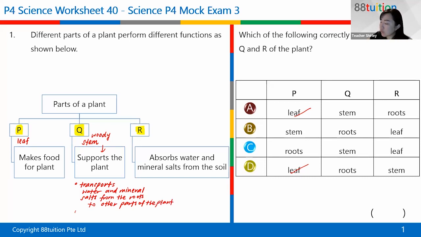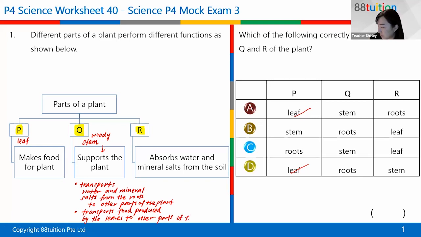Another function would be to transport food produced by the leaves to other parts of the plant. You do need to know from where to where.